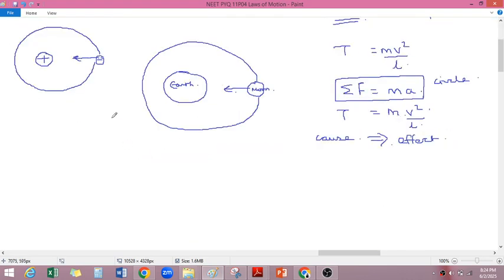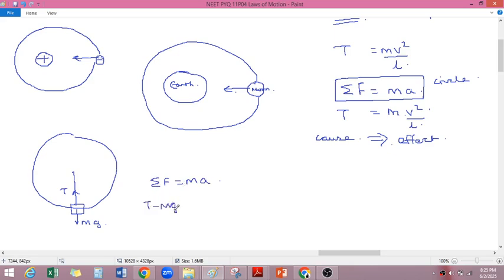If it was vertical motion, which is coming later, the tension would be here, and mg would be acting downwards. Then sigma F is equal to ma gives T minus mg is equal to mv squared by L. That is for the vertical circular motion.